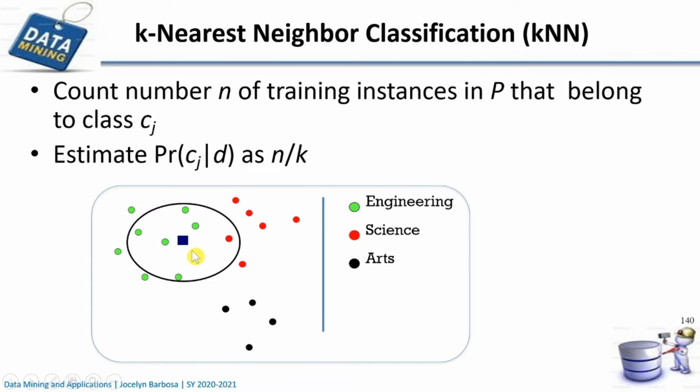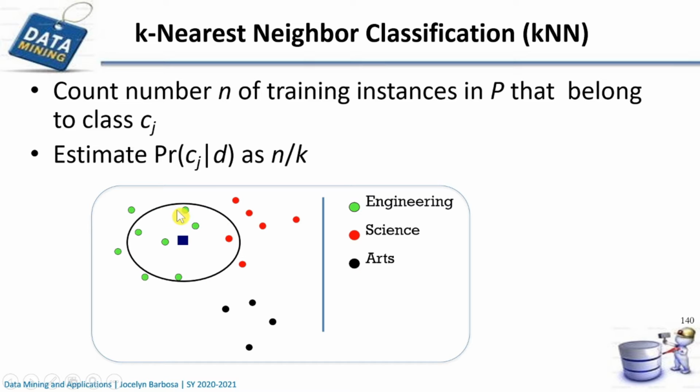So what we can do is count the number N of training instances in P, those nearest neighbors that belong to class C sub J. In this case, we can see at least 3 classes, colored green, red and black.